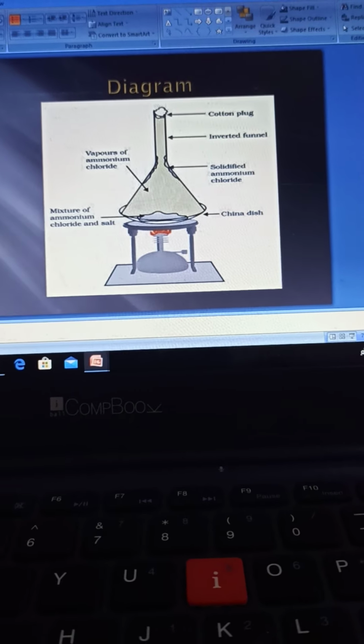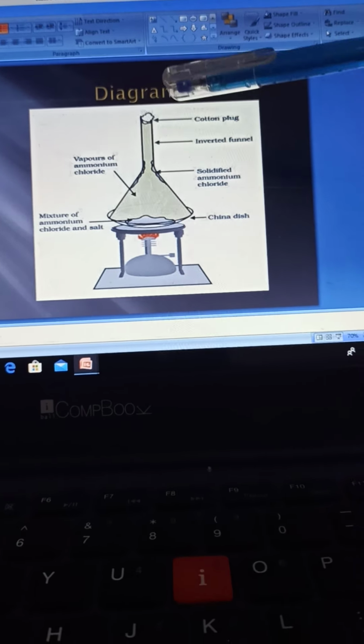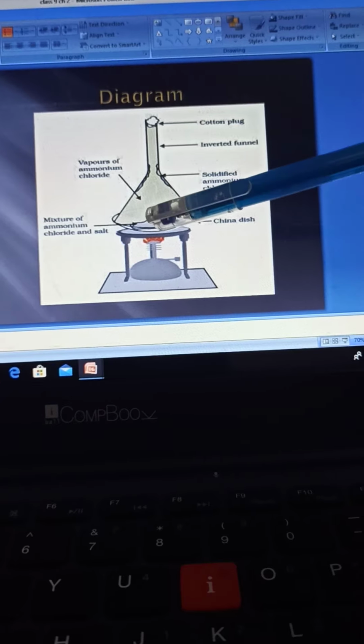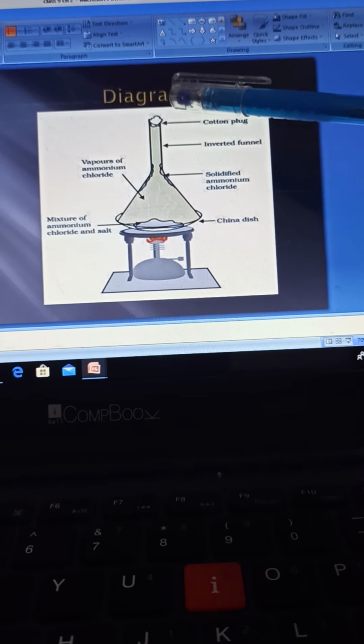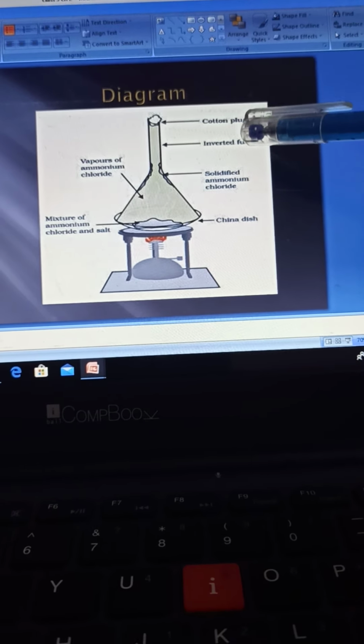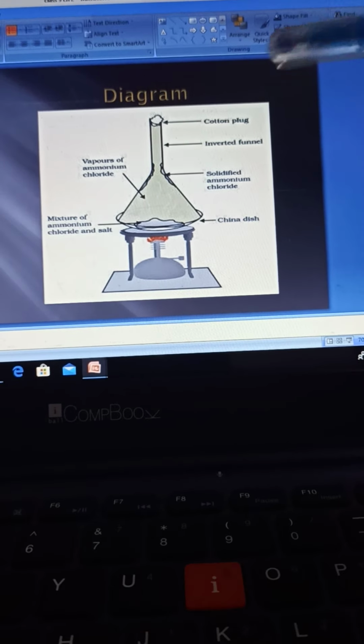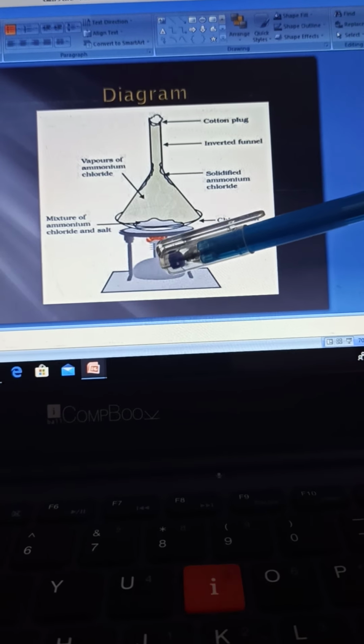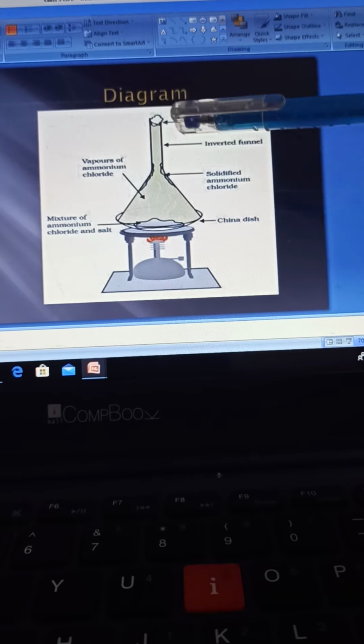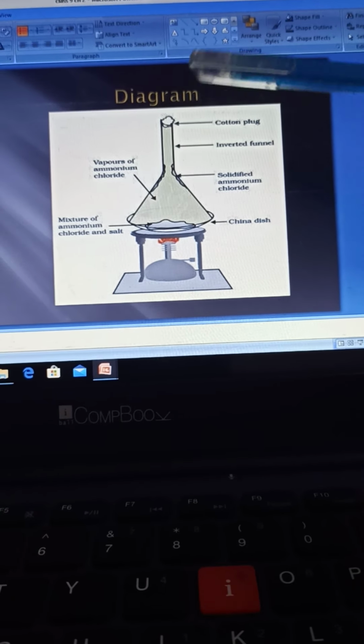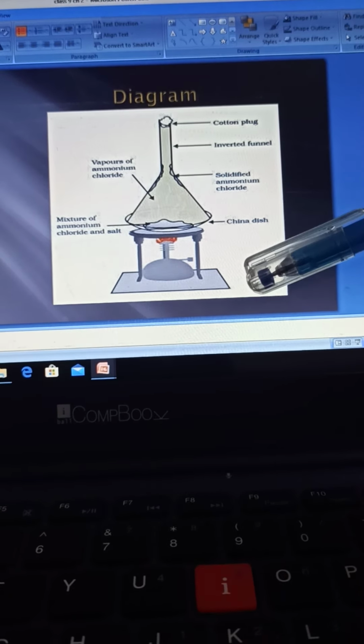Now we have to keep one inverted funnel above this china dish, and the funnel mouth has to be closed with a cotton plug, so that the gas, the other phase formed on separation in this process, will not escape out into the environment.